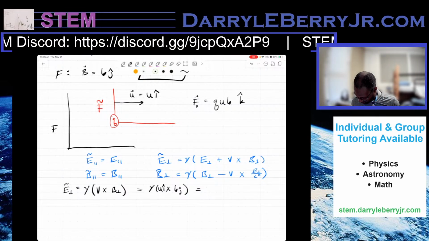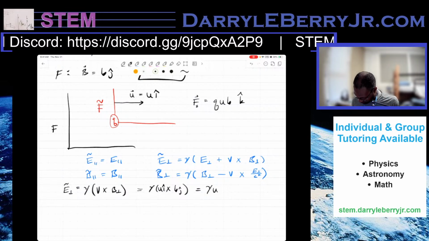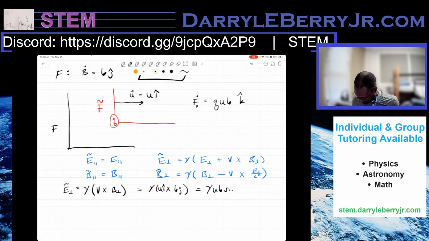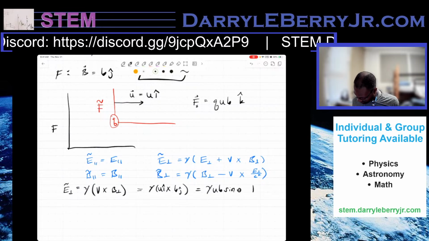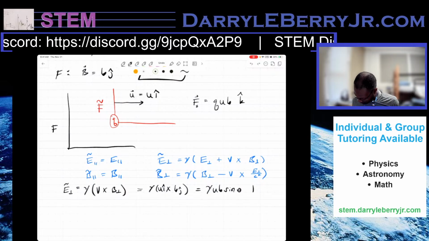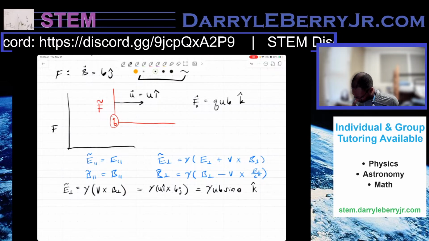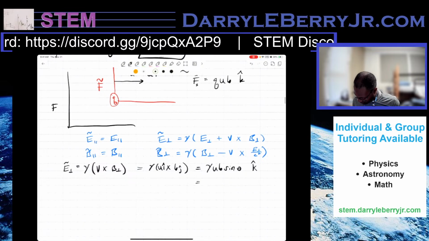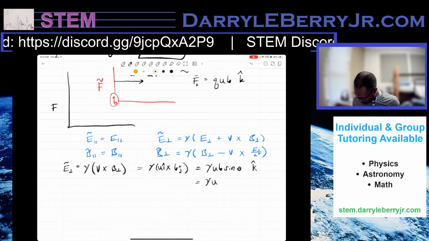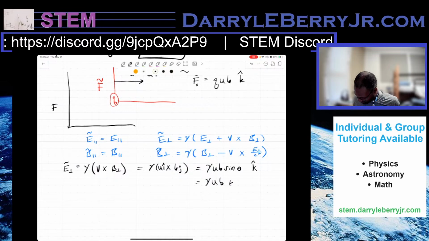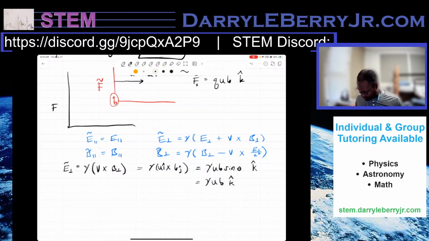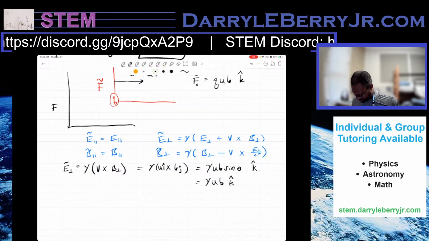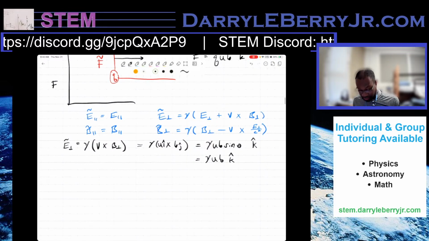So that's going to be gamma u B sine theta k, because i cross j is k. That's going to be gamma u B k, since the angle between i and j is 90 degrees. So we have that.